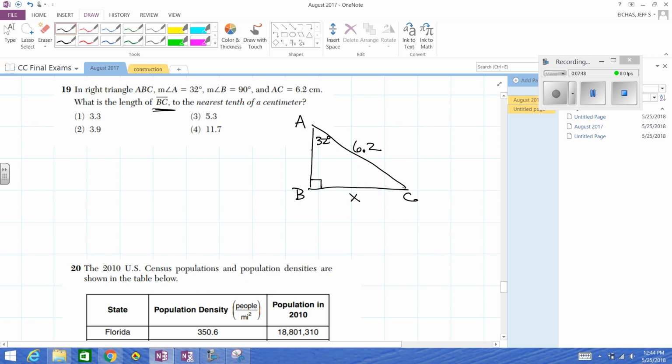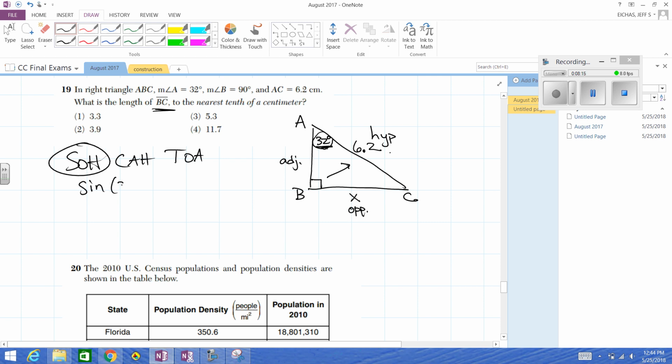If we go relative to angle A, this is the opposite leg, this is the adjacent leg, and of course this is the hypotenuse because it's opposite the 90. Now I go to SOHCAHTOA, my acronym for trig. I would select opposite over hypotenuse compared to 32, so I would choose sine.